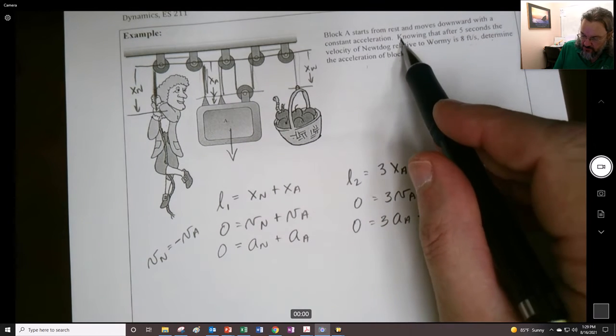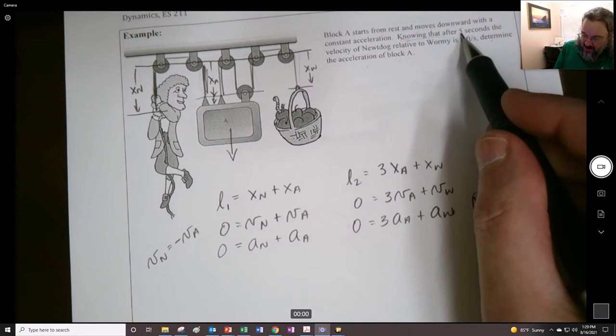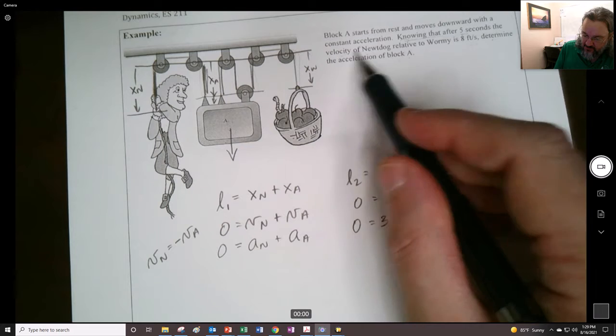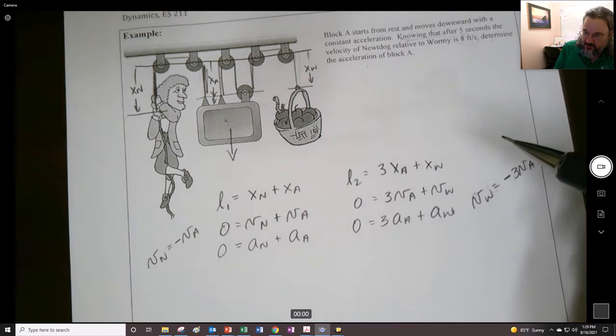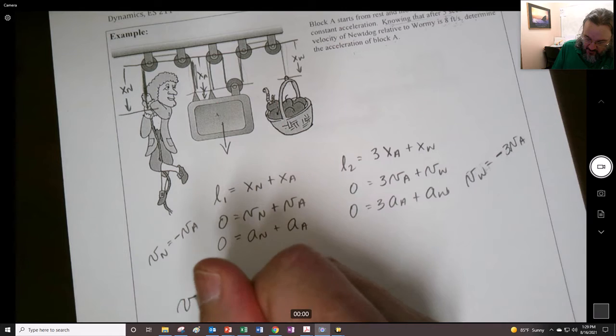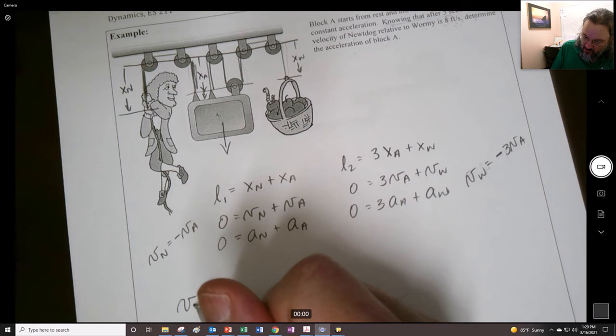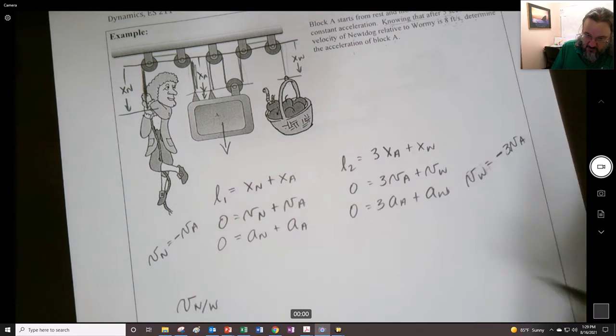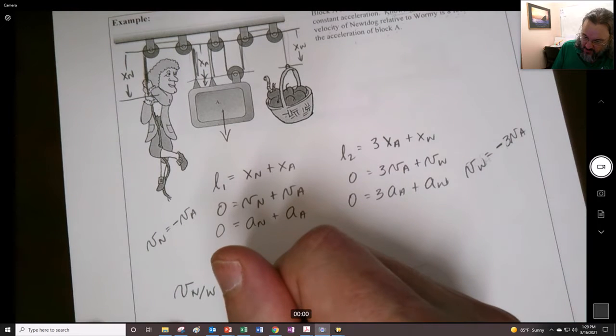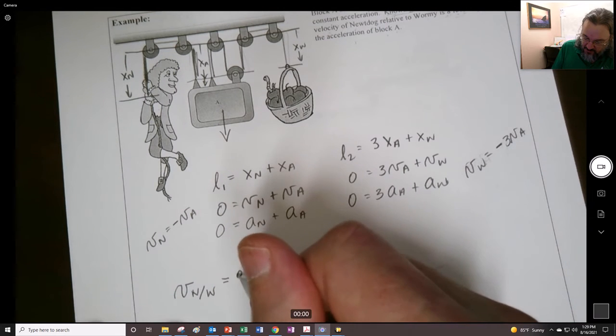Now let's take a look at this other piece of information. Knowing that after 5 seconds, the velocity of Newt Dog relative to Wormy is 8 feet per second, right? So the velocity of Newt Dog with respect to Wormy, v n/w, is going to be equal to 8.